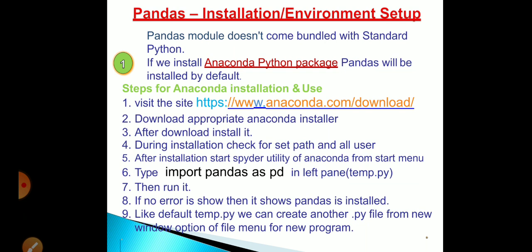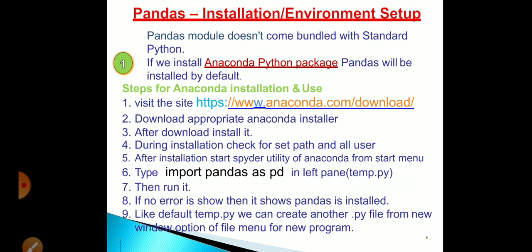Next, after installation, under Anaconda you will find many utilities, like Python utilities, Spyder, Jupyter, pandas. Okay, so under that particular package only you will get all these utilities in one go.